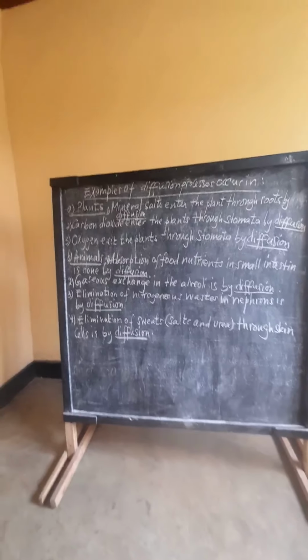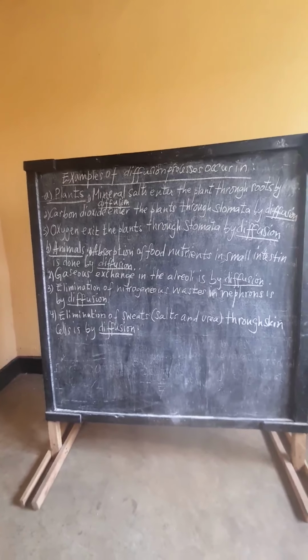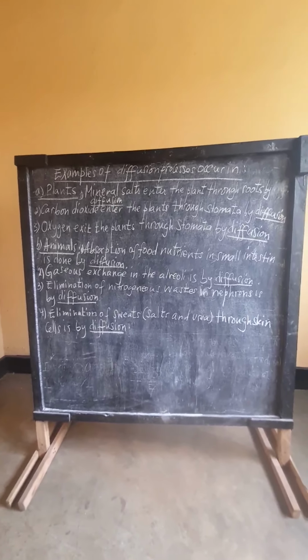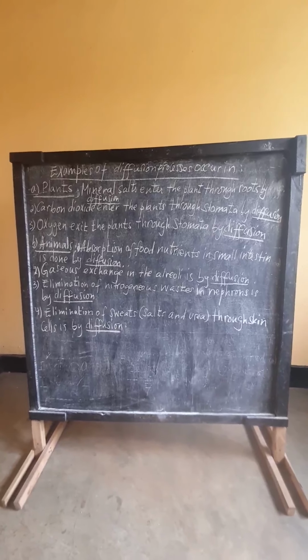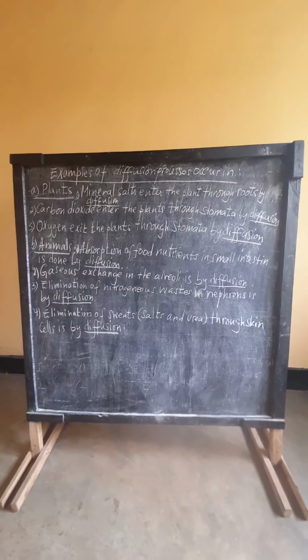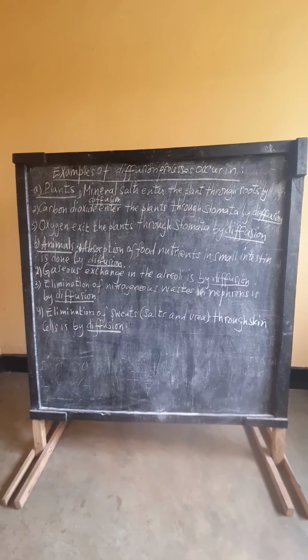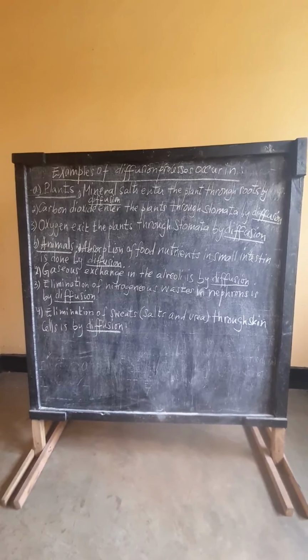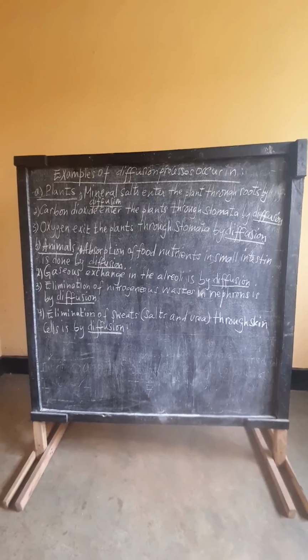We can also talk about examples of diffusion processes that occur in animals. For example, we can have absorption of food nutrients in the small intestine. This is done by diffusion.